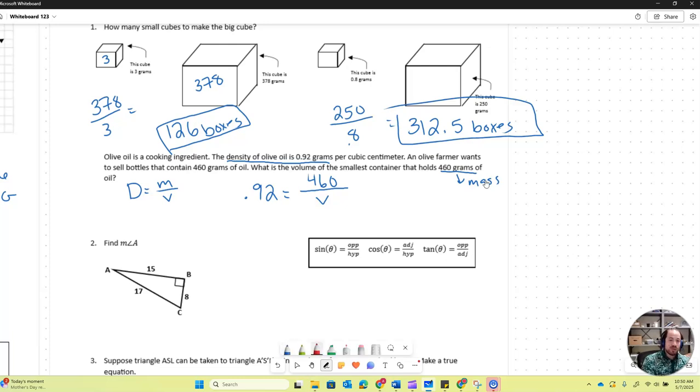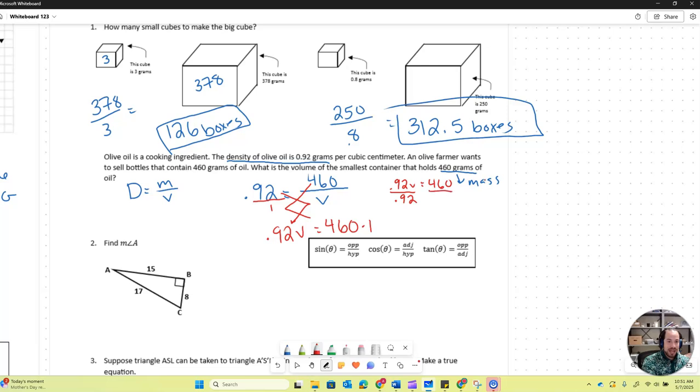Now, the way that I've always recommended that you guys solve this is by using cross multiplication. So I'm going to put this over 1. 460 times 1 is equal to 0.92 times V. So that's going to give me 0.92V equals 460.